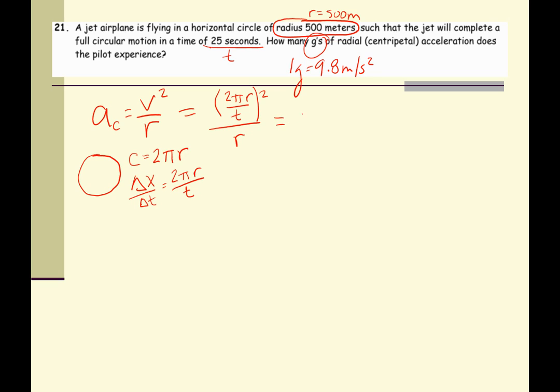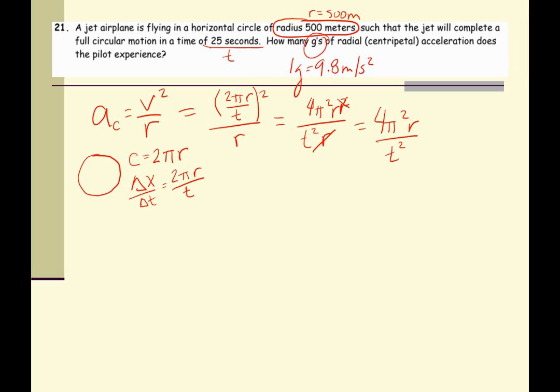When we manipulate that, we get 4 pi squared r squared divided by t squared r. So one of your r's is going to cancel, and you're going to end up getting 4 pi squared r divided by t squared.